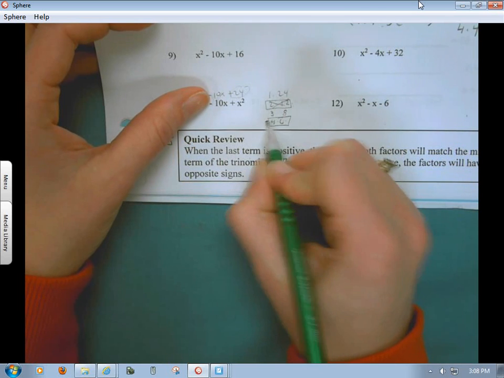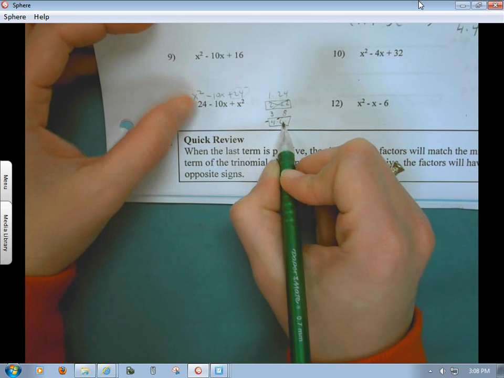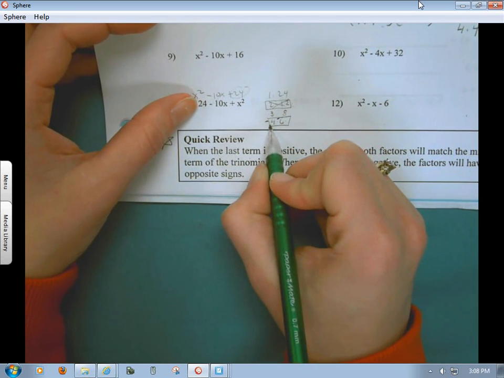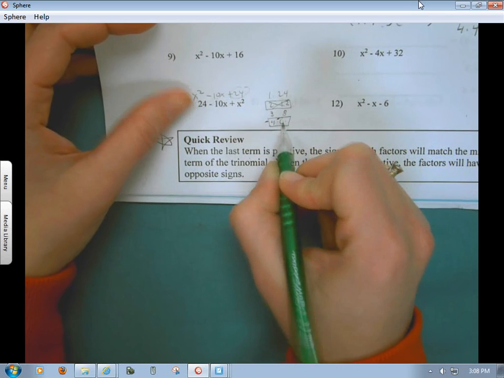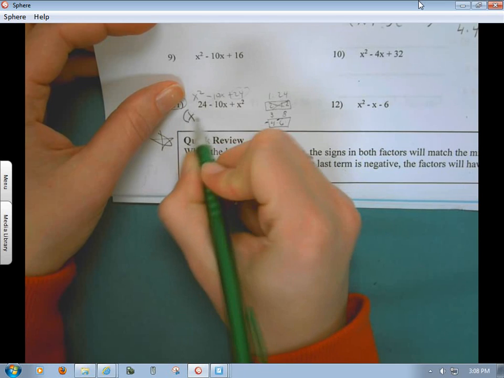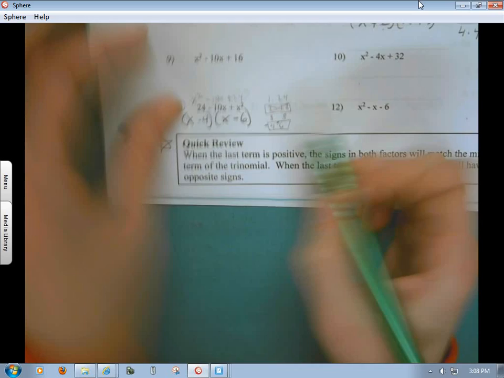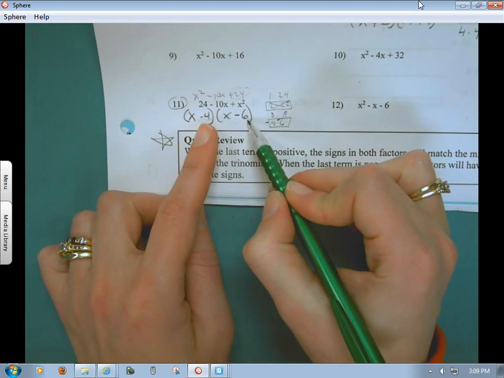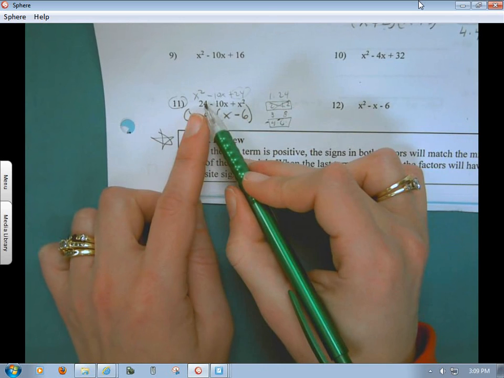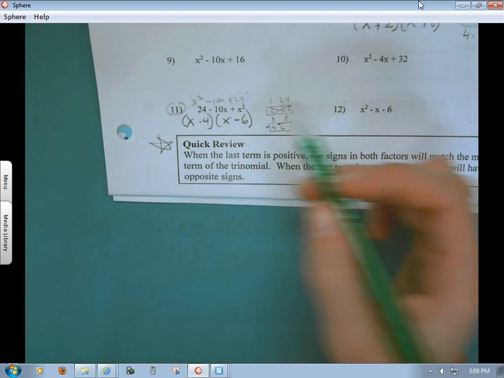What if you make them both negative? Negative 4 times negative 6 is positive 24, and negative 4 plus negative 6 is negative 10. So that looks pretty good to me. So x minus 4 and x minus 6. Again, negative 4 times negative 6 is positive 24, and negative 4 plus negative 6 is negative 10.